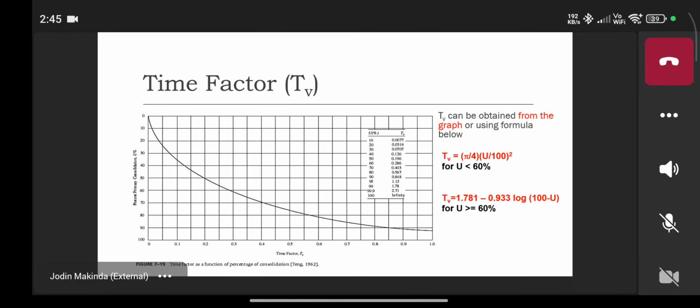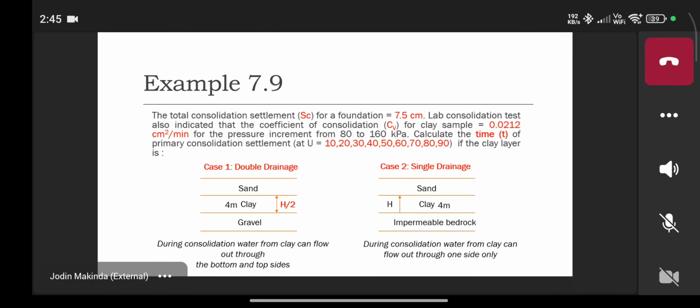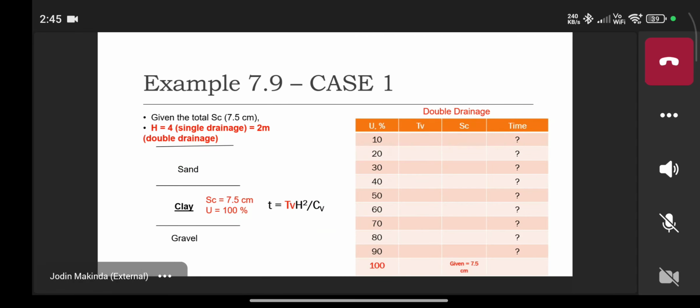Therefore, in order for us to solve case 1 and case 2, let's separate them into 2 solutions. This is solution number 1, double drainage.